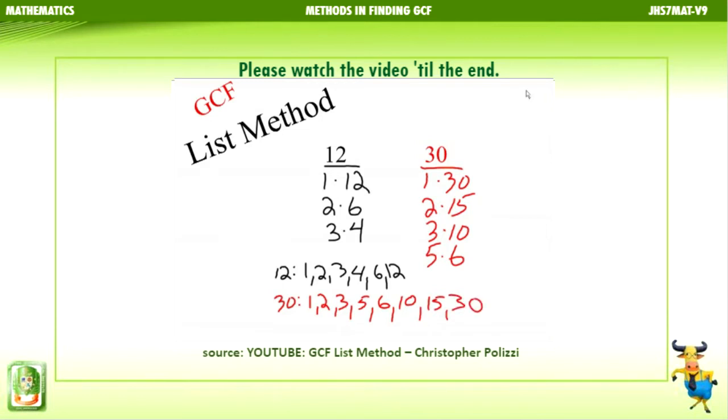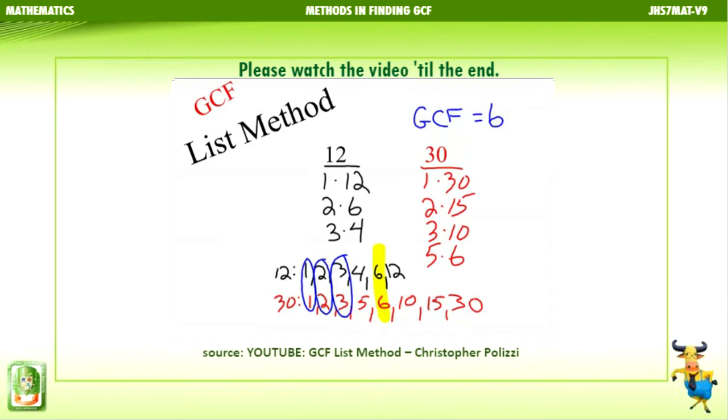And if you look at them, you'll see they have 1 as a common factor, 2 as a common factor, 3 as a common factor, but the greatest common factor will be 6. So the GCF, or the greatest common factor for 12 and 30, is 6.